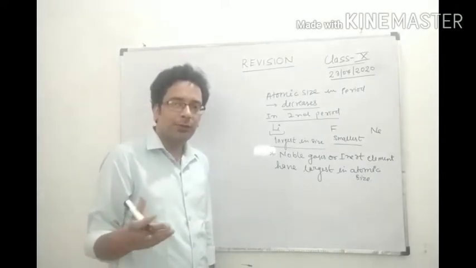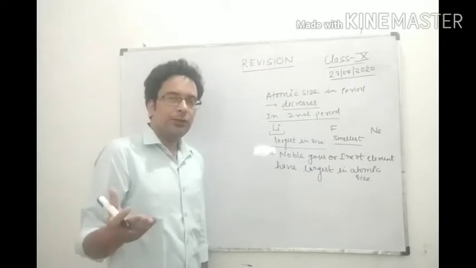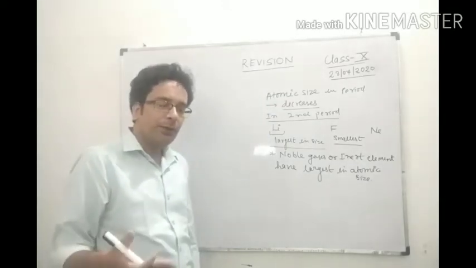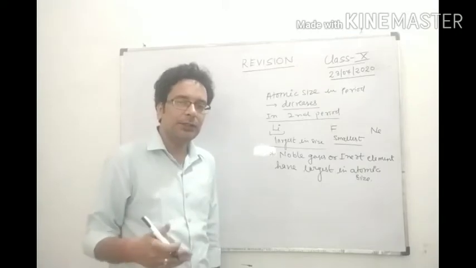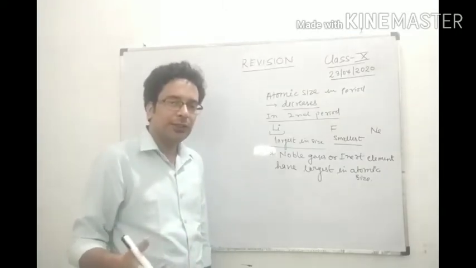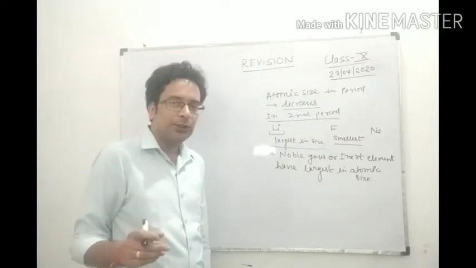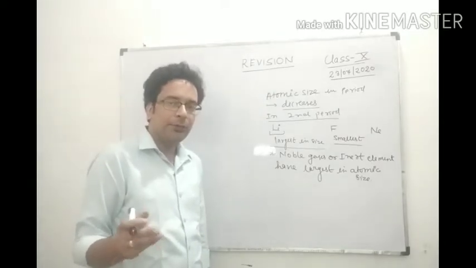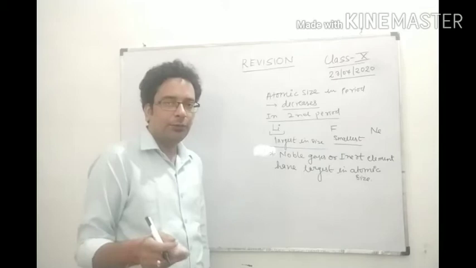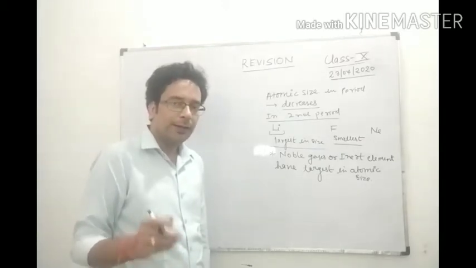All of you got a notice from school that your exam will be an online exam, in which there are multiple choice questions, that is objective type questions, and there are 4 or 3 options. Out of 4 or 3 options, 1 is correct.